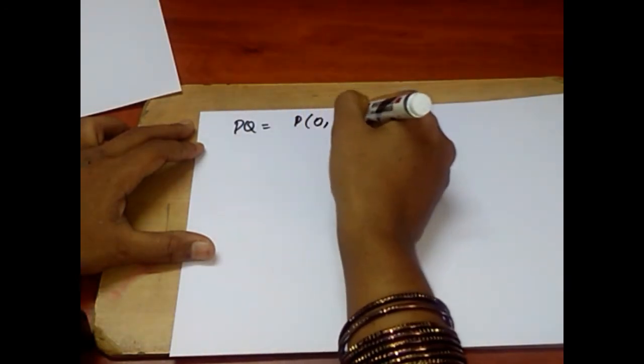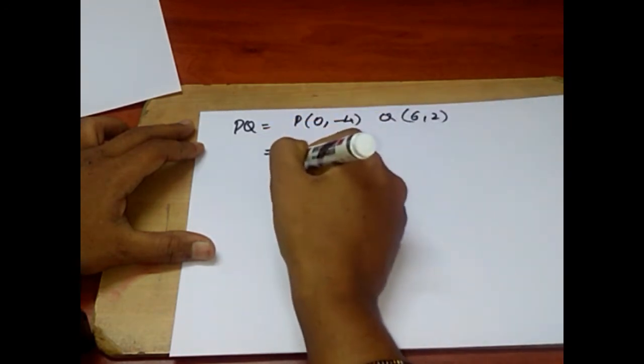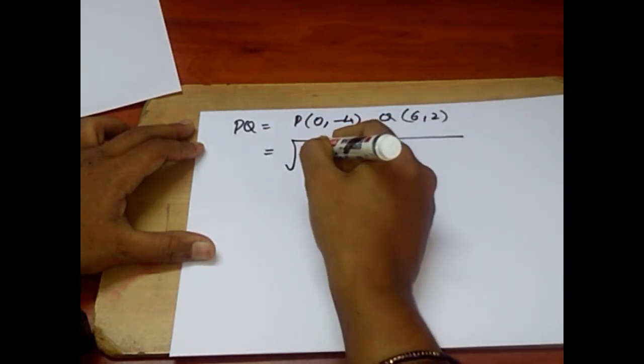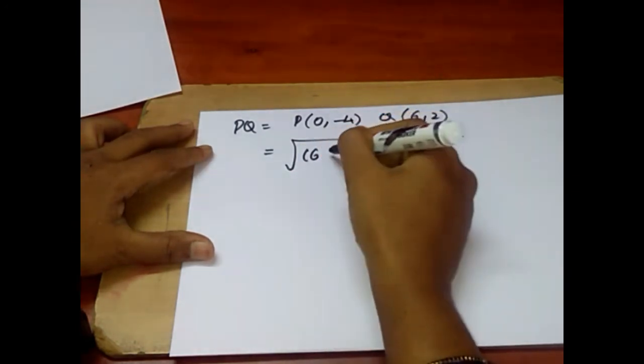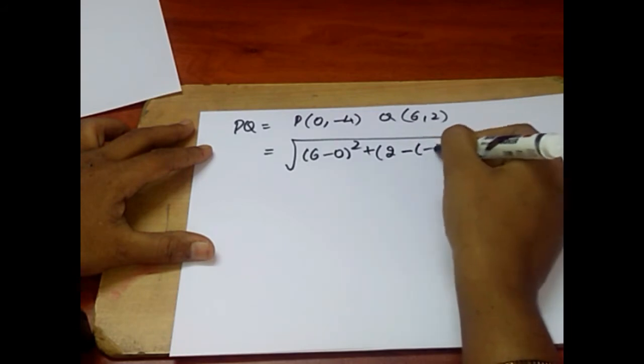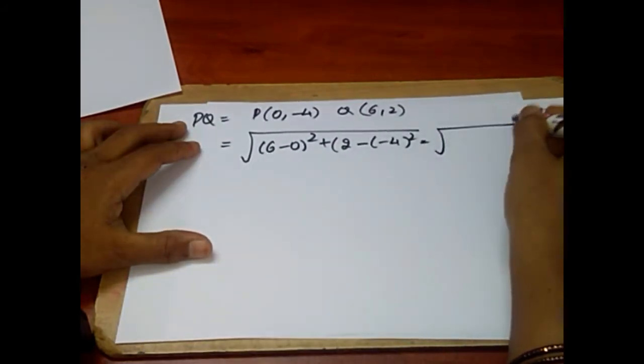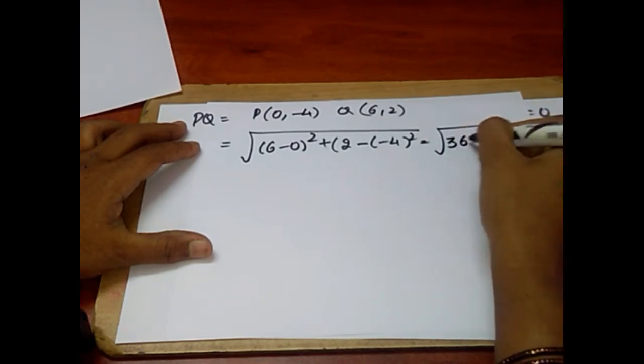Point P is (0, -4). Point Q is (6, 2). So square root of (x2 minus x1) whole square plus (y2 minus y1) whole square. So this is equal to 6 minus 0 is 6, square, that is 36.